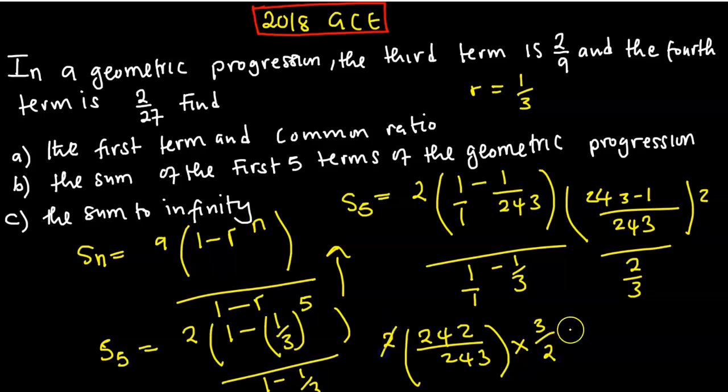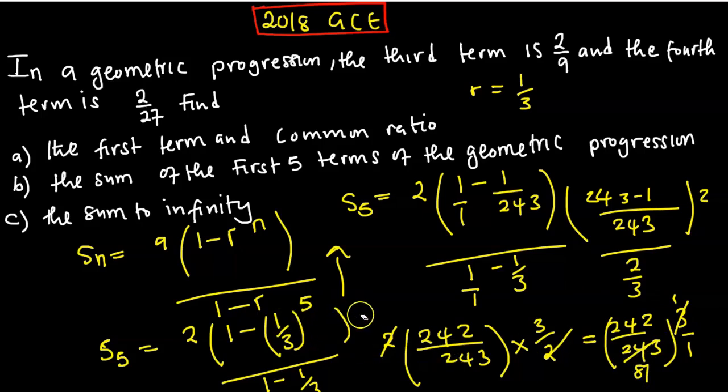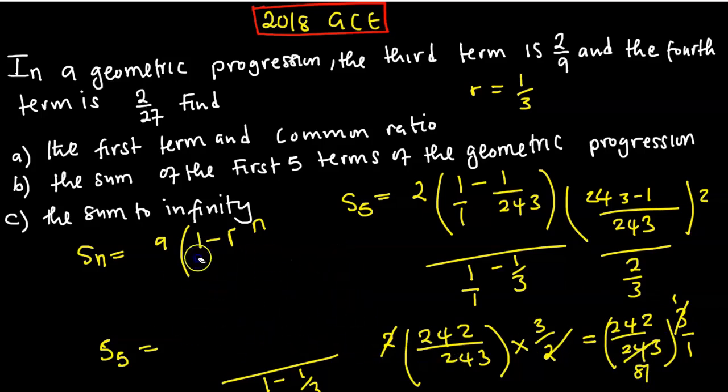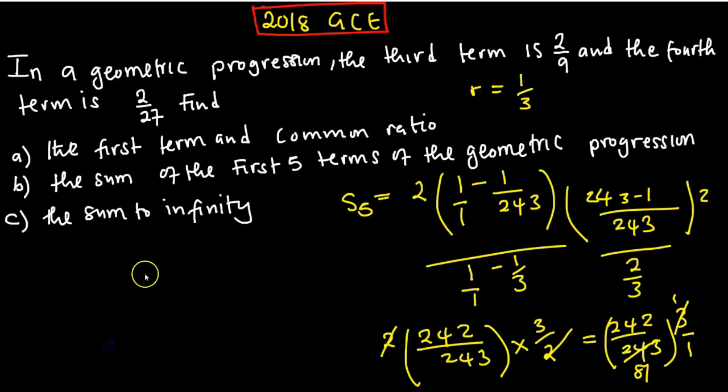So these 2s can cancel, and therefore you are going to have 242 divided by 243, then multiplying by 3. Now 3 into 243 is 81. So you are going to remain with 242 divided by 81. I hope you followed the way the mathematics is flowing.